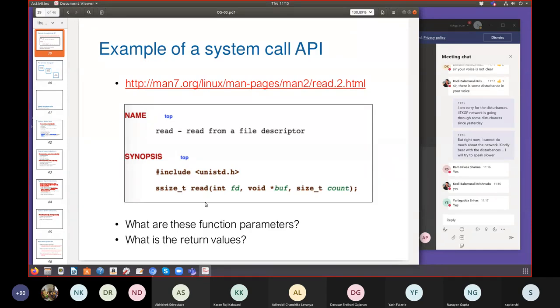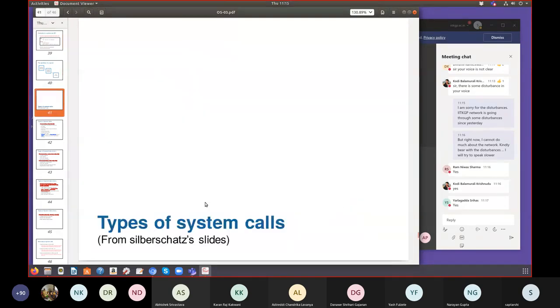Now we will see some of the other system calls very briefly. We will just discuss the names of some system calls, but we will not go into details about how they work. I would point out resources where you can go to know more details about the system calls.